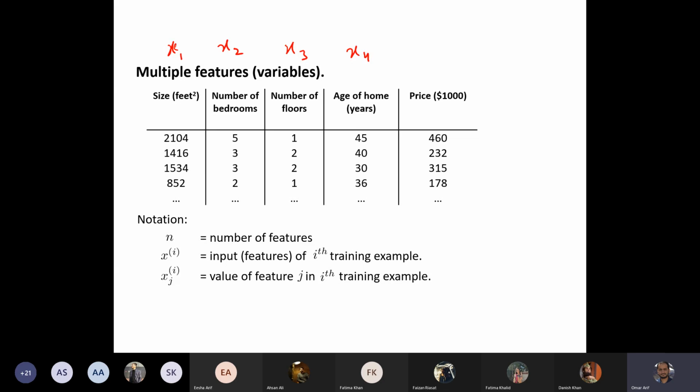And to revise the notation, the subscript is used to denote the features and the superscript to denote the example number. For example, if I write x_ij, it means I'm looking at the value of the jth feature of the ith example. So this is the first example, second example, third example, fourth example, and similarly the first feature, second feature, third, fourth, and so on. And since it is a regression problem, y belongs to the real numbers, any continuous value I can have here.